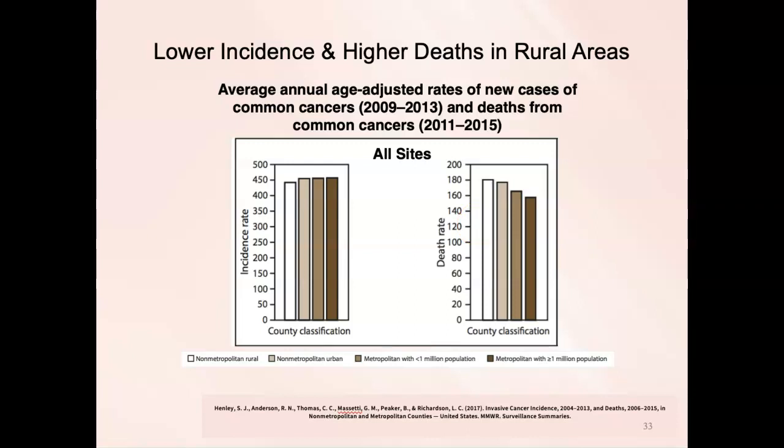So while it might look like it's a good thing that the number of new cases of cancer is lower in rural areas, what that means is that we're probably not screening well enough for cancers in these rural areas. And therefore, by the time someone is actually diagnosed, they're probably in a late stage or they've already died from that cancer, which is why we see these higher death rates in rural areas versus urban areas.